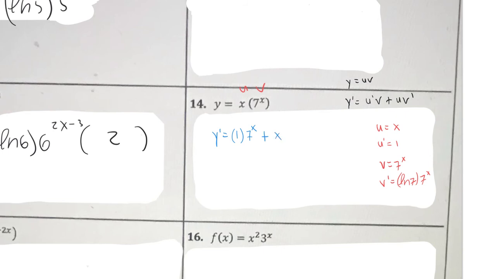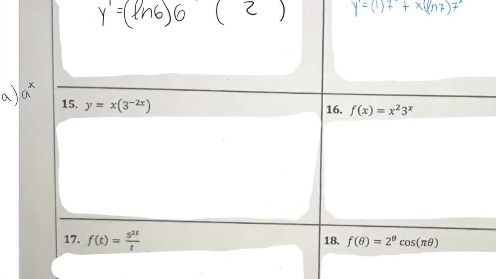So that's going to be x times, what's v prime? ln 7 times 7 to the x. That is the answer. Now, it's possible my student's teacher had it in the reverse. Maybe the teacher did u v prime first times u prime v, but ultimately this is going to be the answer either way.